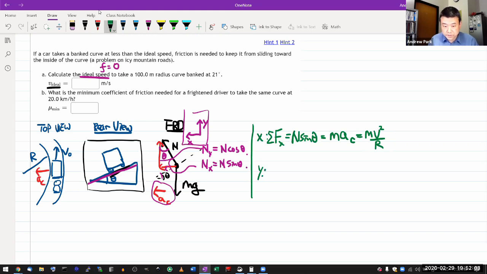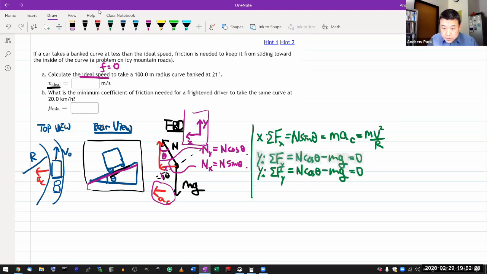In the y direction, I have 2 forces: the y component of normal force, N cosine theta, minus mg is equal to 0.